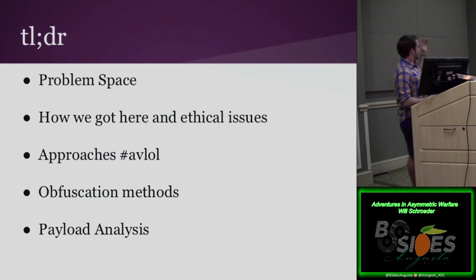So, a short TLDR. I'm going to go over the problem space and how difficult AV detection is. I'll cover how the project started, its initial motivations, and how it came about. Chris also covered some of this in more detail in his talk this morning.